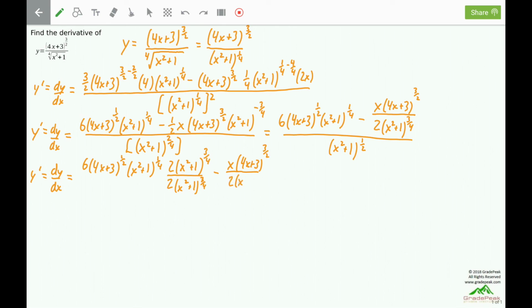We will then be able to combine those terms together. And all of this is still over the (x squared plus 1) to the 1/2.